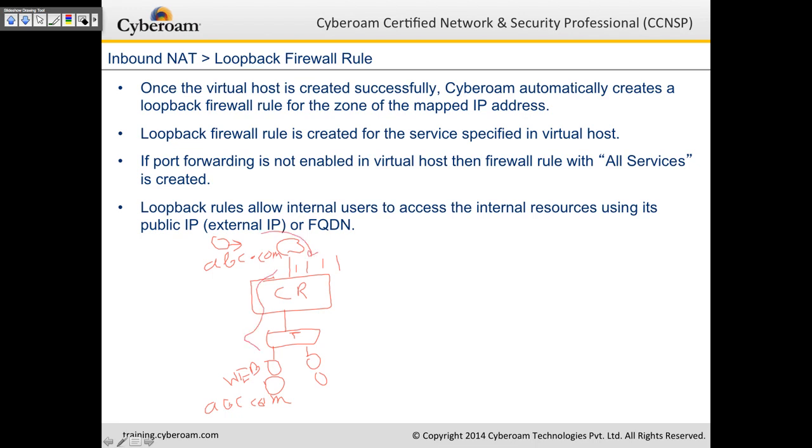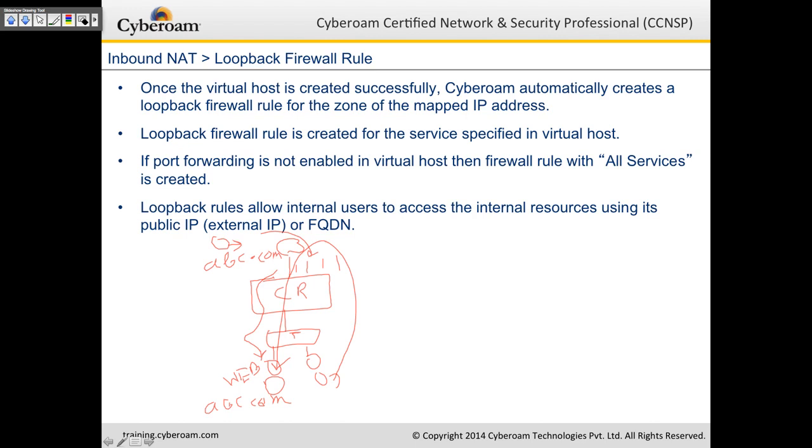Cyberoam does an inbound translation and forwards it over here. What happens when the same user is inside the network? I don't know what the private IP address of the web server is. I'll still access abc.com. So the request goes out and sees, okay, it resolves to 1.1.1.1 and comes back like this. So it's actually going out and coming back, and that's how it's looping.